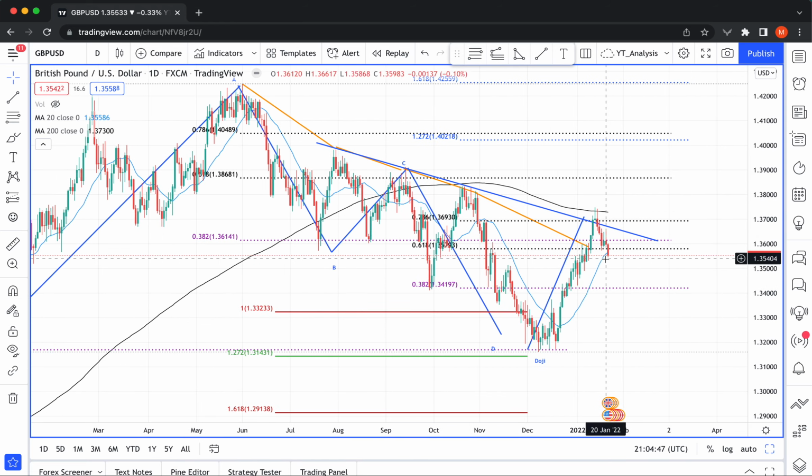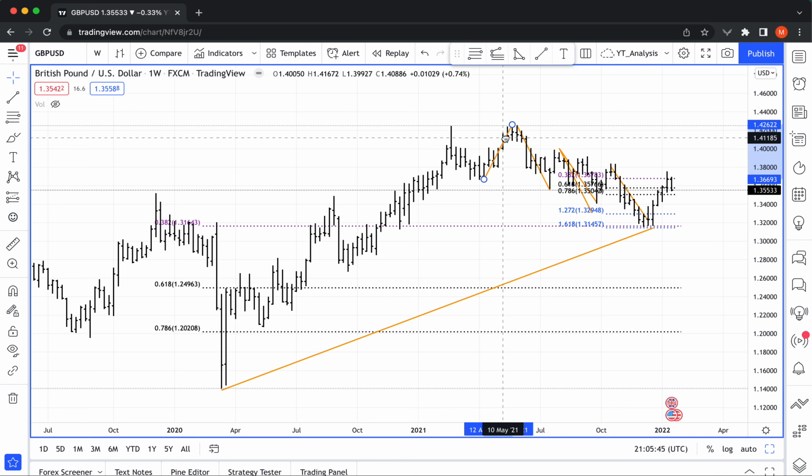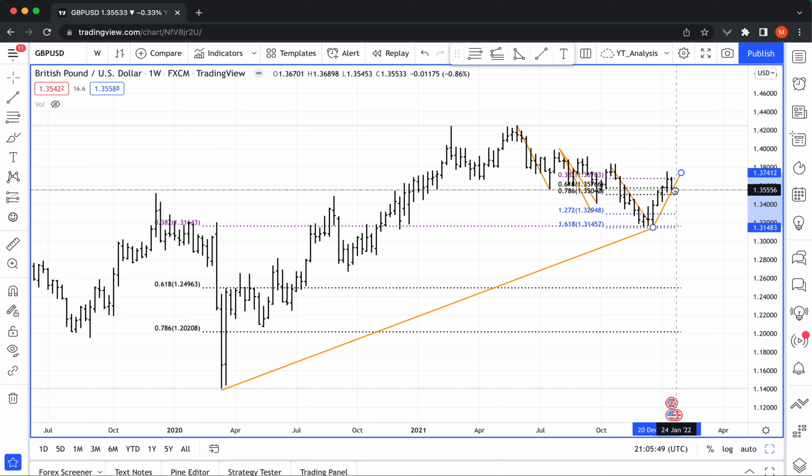And if we look at this move, it looks to be bigger than any other moves which we had before, with the exception of this one.